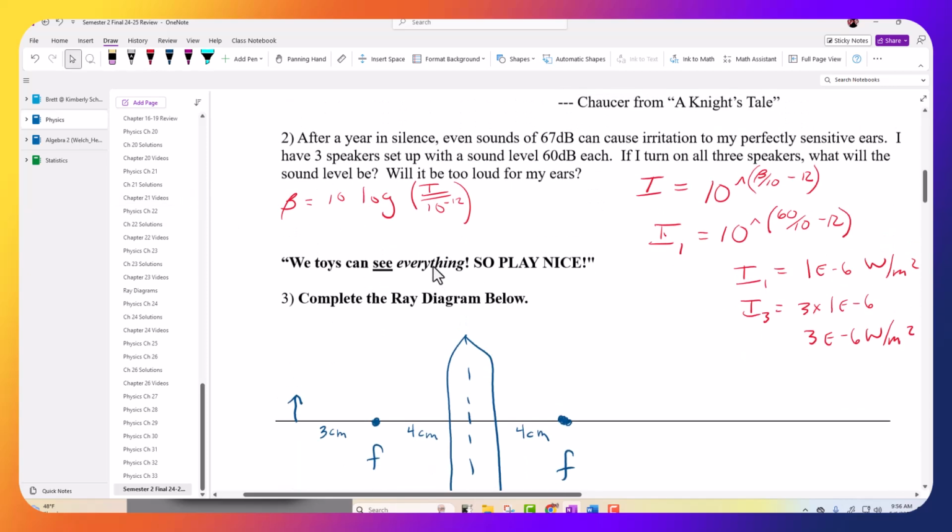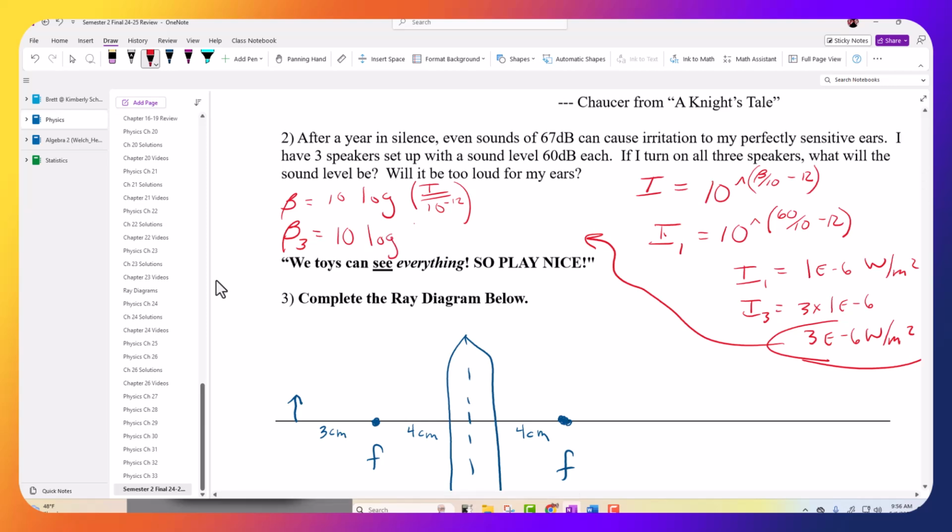So now I need to take that intensity and turn that into a loudness. How loud is that intensity? So I'm going to bring that information from here and send it over to help find the sound level of 3 speakers, which would be 10 times the log of 3e negative 6 over, when we do 10 to the negative 12, an easy way to write that is 1 e negative 12.